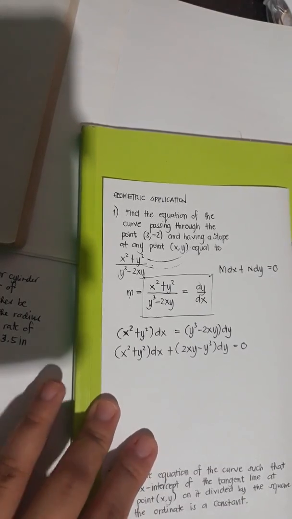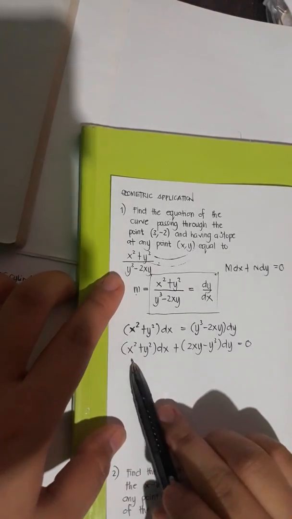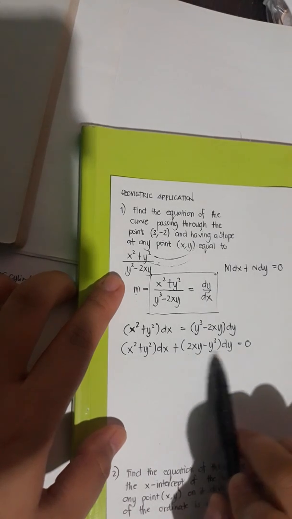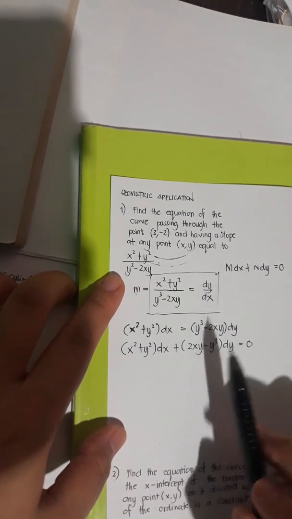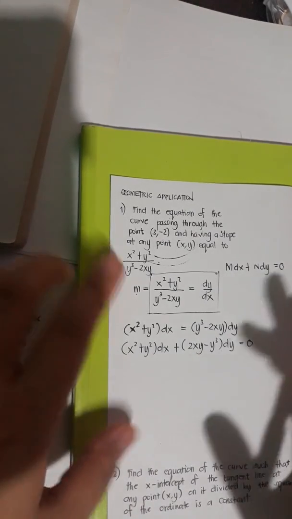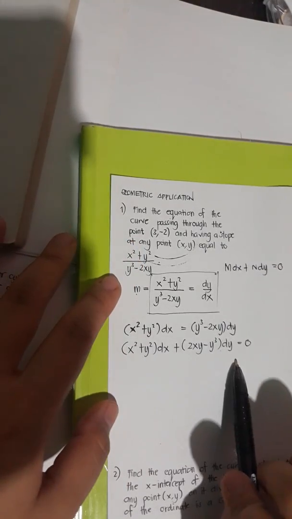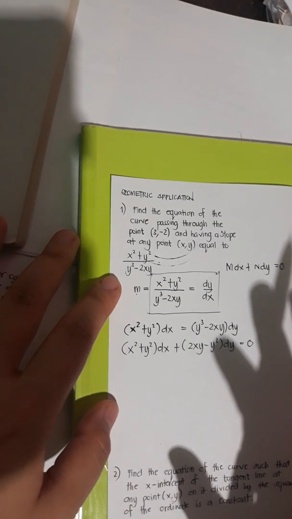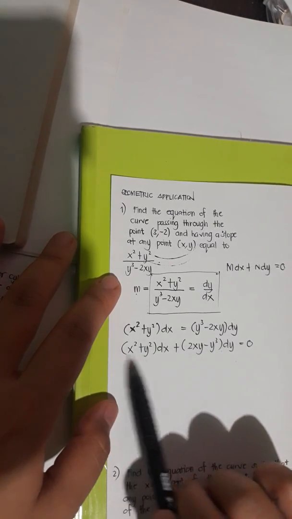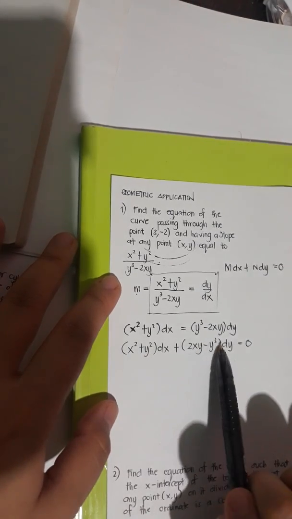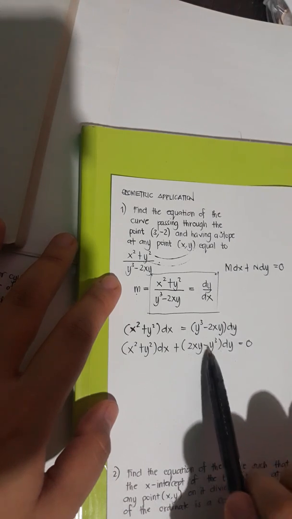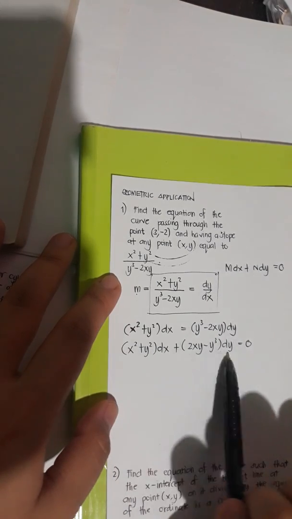As you can see, M and N here cannot be factored into a function of x and a function of y, so this is not variable separable. This is also not homogeneous because it is of second degree, but one of the terms is of third degree.